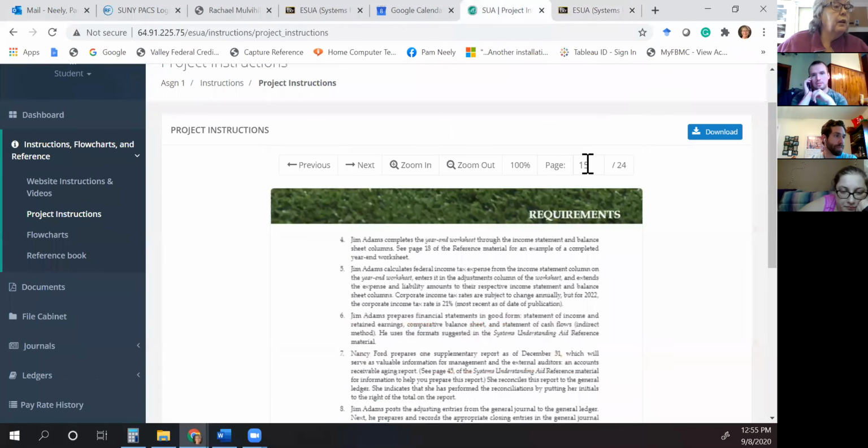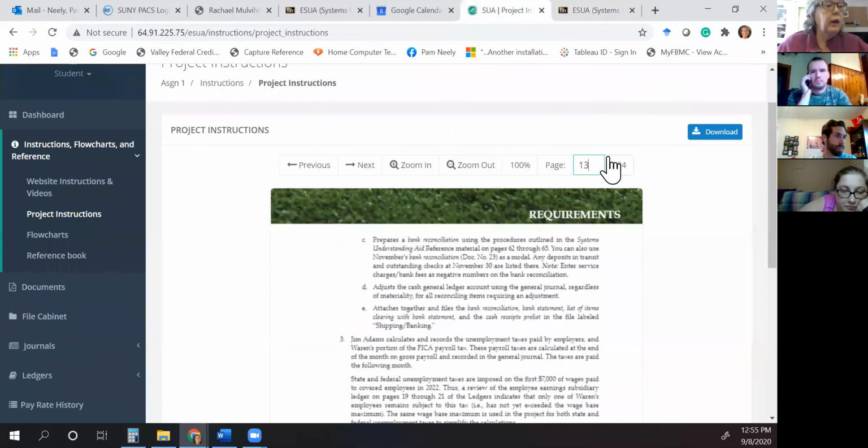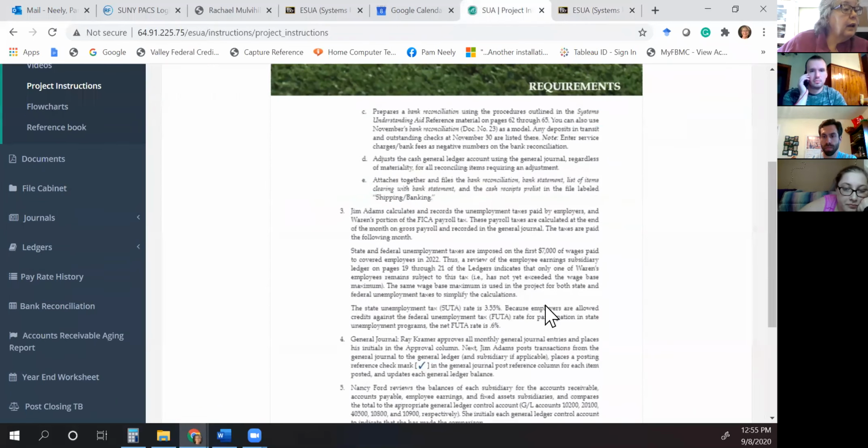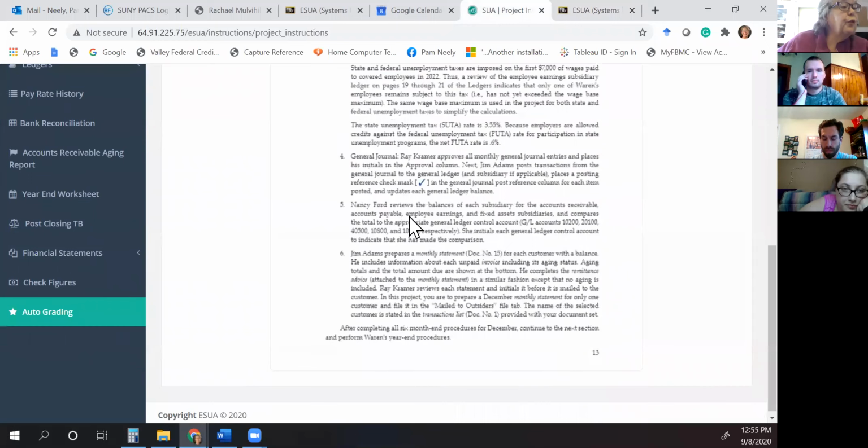Page 13. This is the only one that was graded today: Nancy Ford reviews the balances of each subsidiary for the accounts receivable, accounts payable, employee earnings, and fixed assets, except we're only doing accounts receivable. And she initials the general ledger control account to indicate that she has made the comparison. That was the only one that got graded this week.